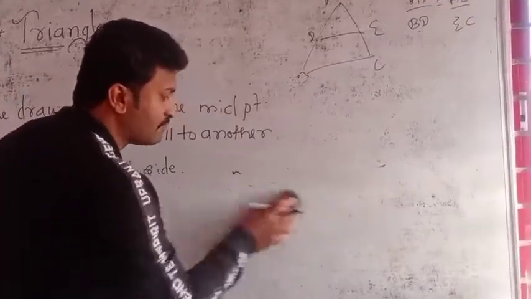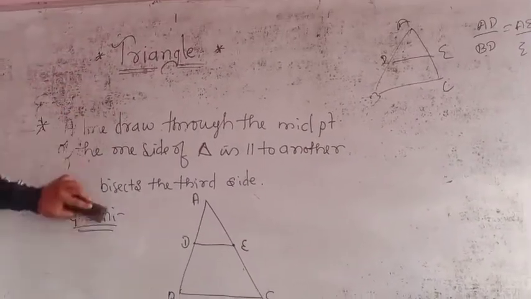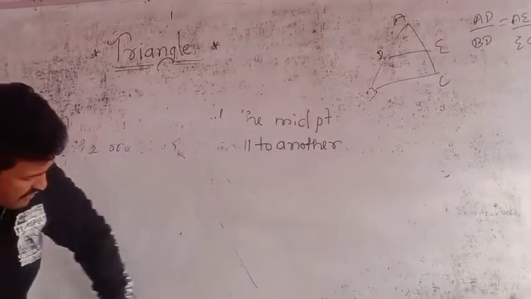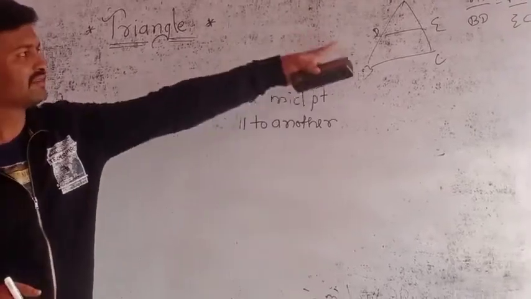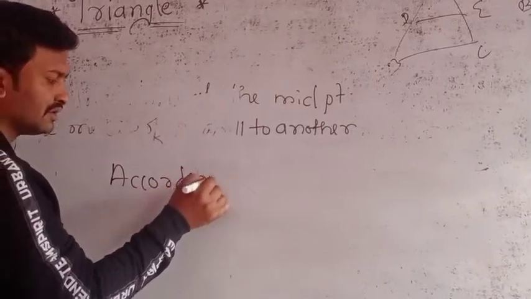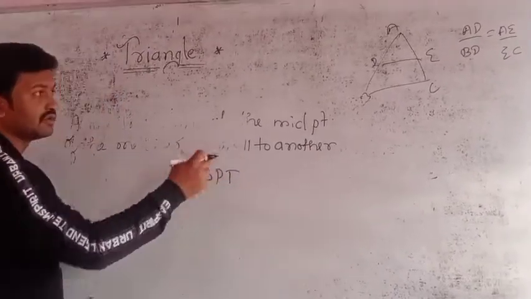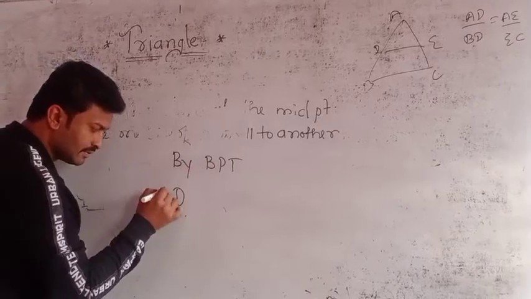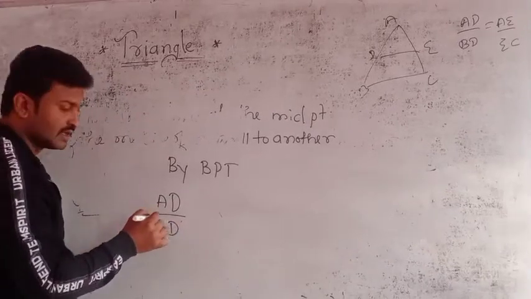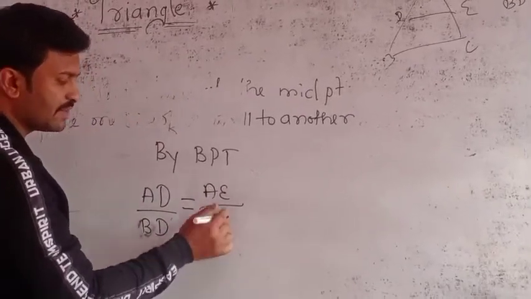For this proof, how to write the proof? I'll just erase this one. This is just the BPT theorem. According to BPT, in the same diagram, by BPT we have AD by BD equals AE divided by EC. This is our BPT theorem.